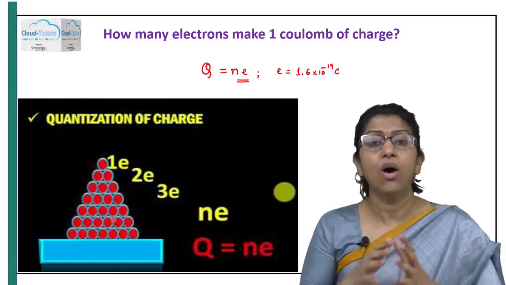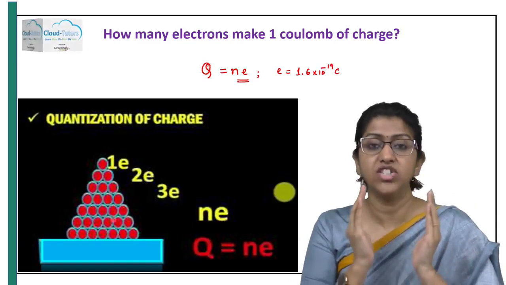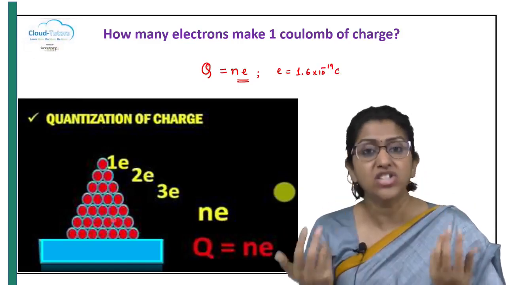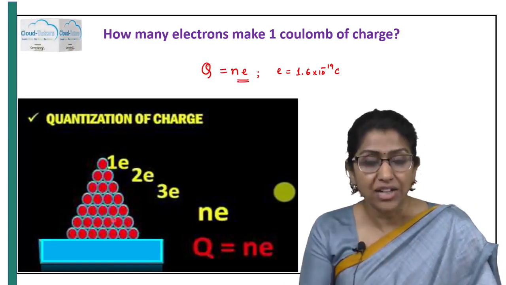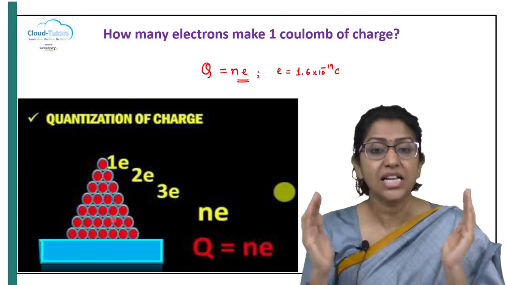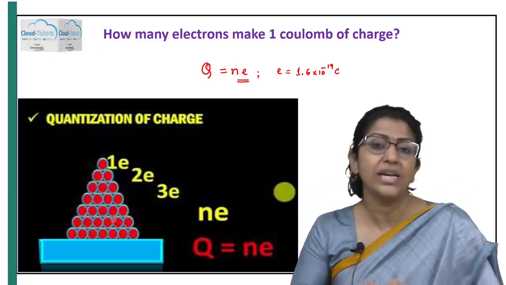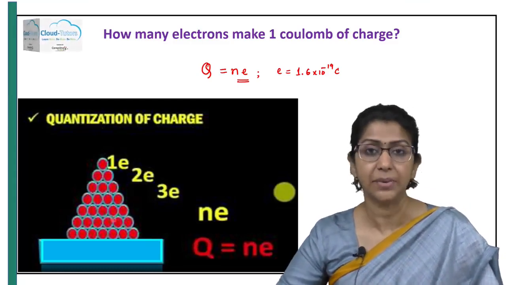So we quantify an object's electric charge by measuring it in terms of the number of electrons it takes to make up such a big amount of electric charge. We will look at a few examples, and then you will have a better understanding of this concept.